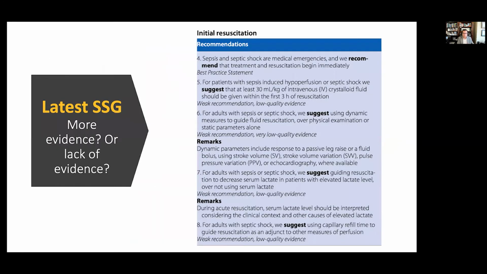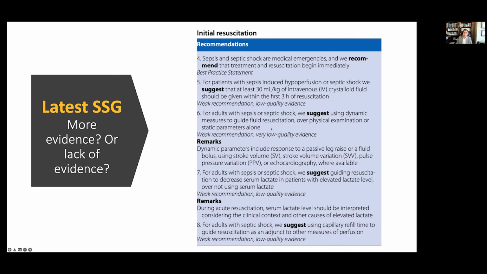So let me come back to the Surviving Sepsis Guidelines, the latest edition. What do they say about fluids and pressors? The level of recommendation is a weak recommendation with low quality evidence for at least 30 cc's per kilo, very familiar, within the first 3 hours of resuscitation.